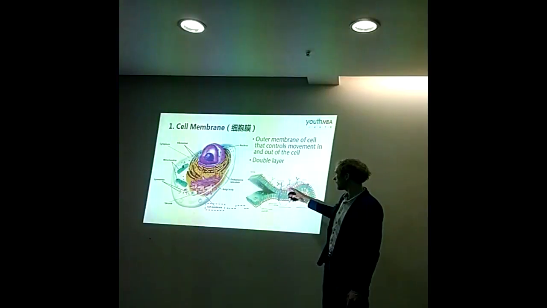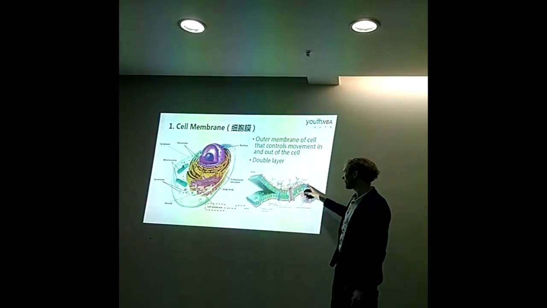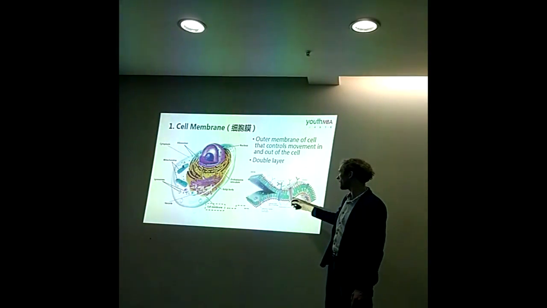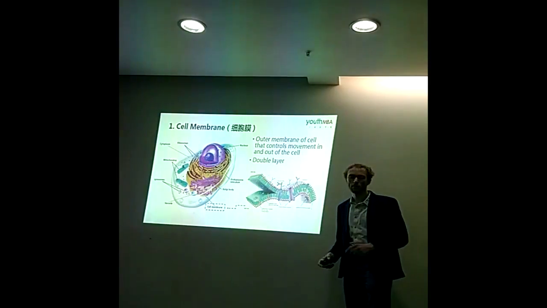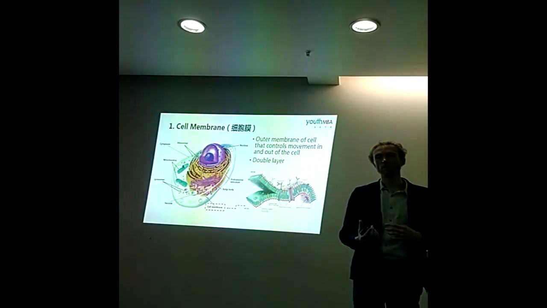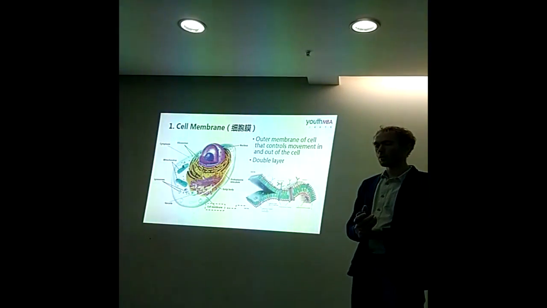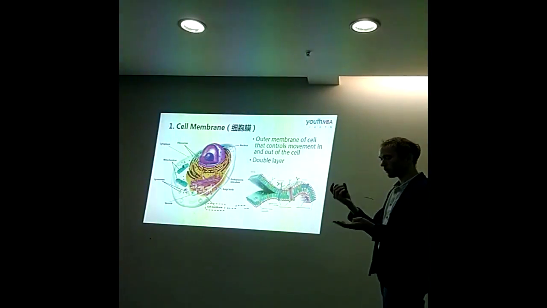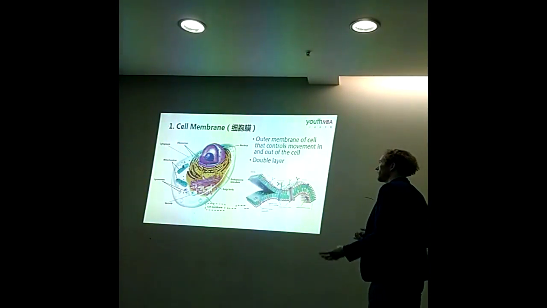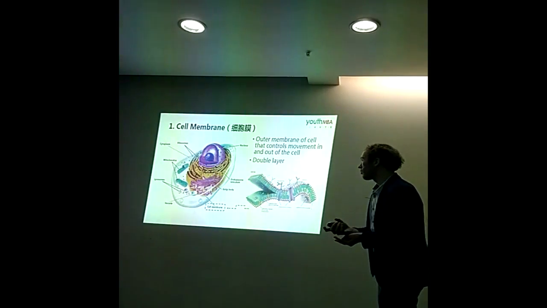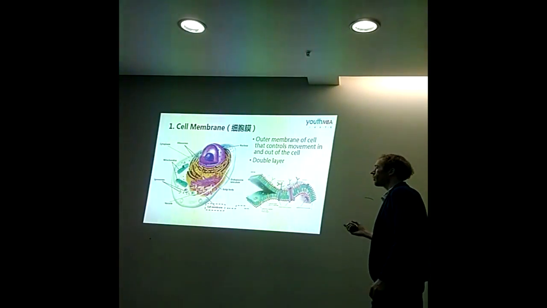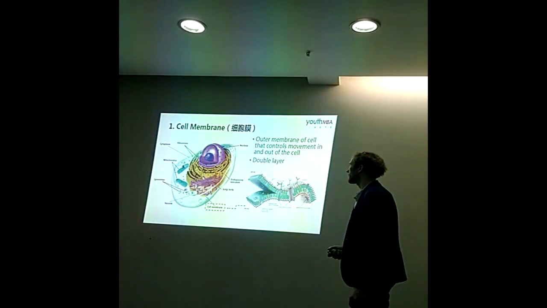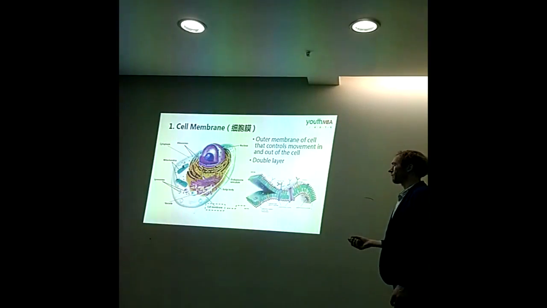You see there are many different types of gates, which can let in and let out some chemicals, and that's the main function: to protect and to control what is going into the cell and out of the cell.